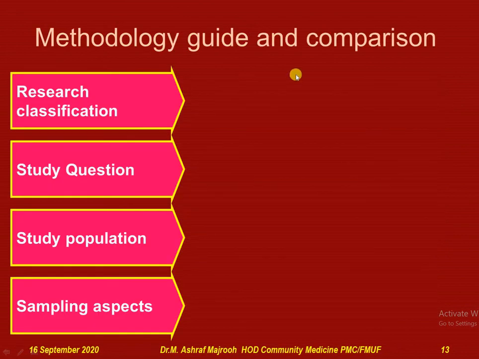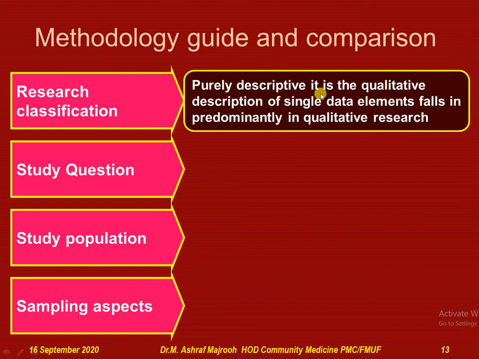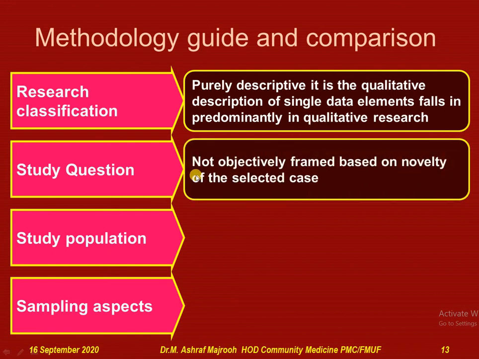Then the methodological comparison regarding research classification, study question, study population and sampling aspects. If we look at the classification, it is purely descriptive, a qualitative description of a single data element, falling in predominantly qualitative research. The study question is not objectively framed, based on the novelty of the selected case.